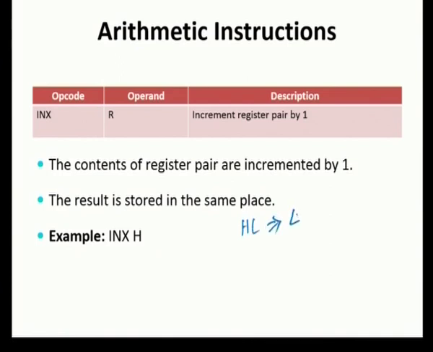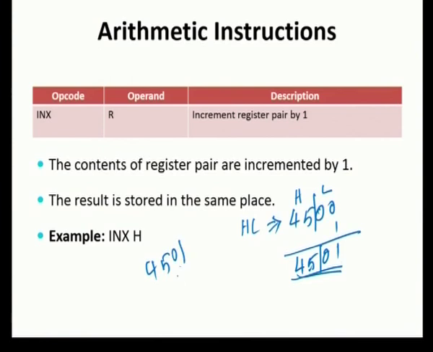If you are taking 4500, the 00 is loaded in the L register and 45 is loaded in the H register. After executing this instruction, this value is increased by 1, so it becomes 4501. Now 01 is in the L register and 45 in the H register, so the new value is 4501.